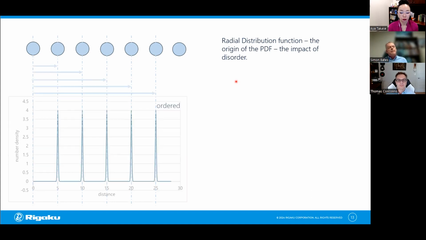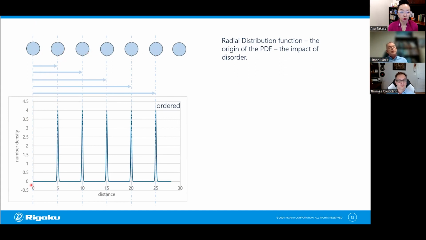In this first one, I have some rigid atoms arranged in a single lattice, if you like, a single layer. If we start with the atom on the left, and we look at the separation or distances to all the other atoms within that particular lattice, then we can plot that out in a number of ways. We can plot it out as electron density, or occupation number, or probability of finding another atom.